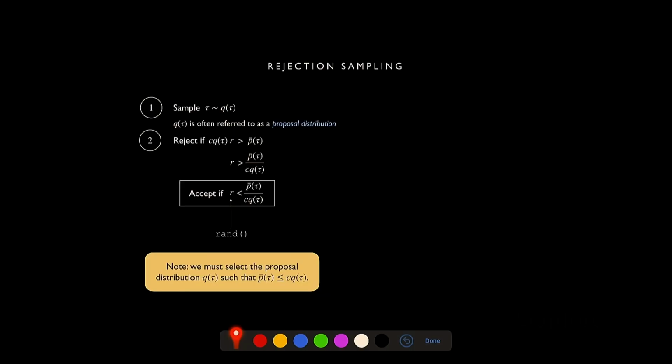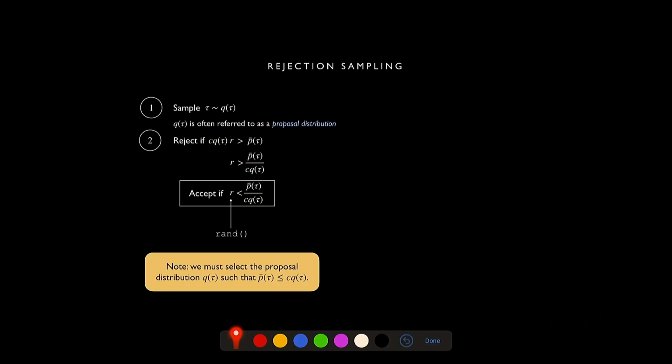So the height of the board in the board analogy is C times Q of tau. I see. So they are the same. They're the same thing, yeah. Another place where this breaks down is that now we can do this over the full infinite line as well. We don't really think about infinitely long dartboards, but now we don't have to worry about that. We just need to make sure that for all values of tau, this inequality is satisfied.